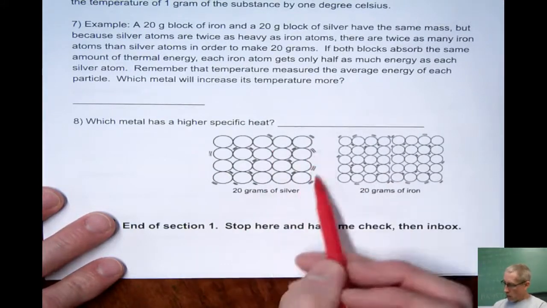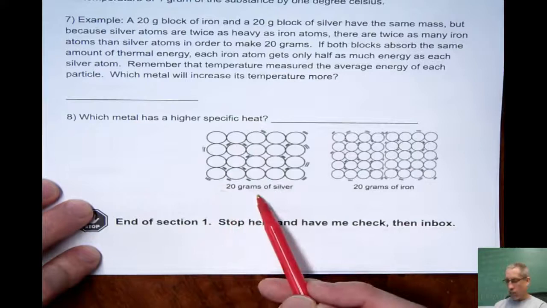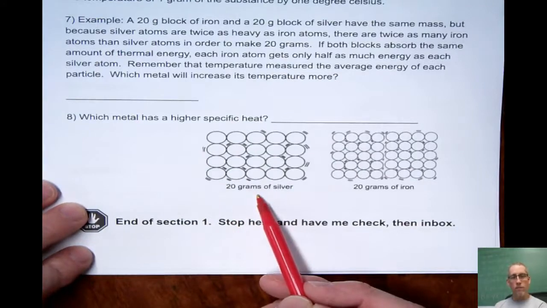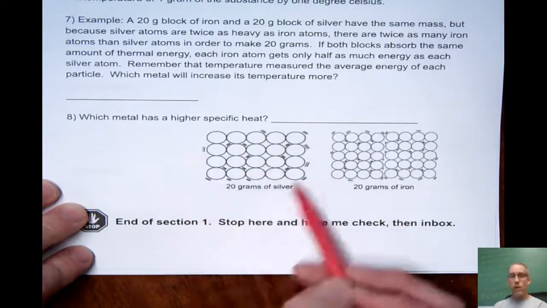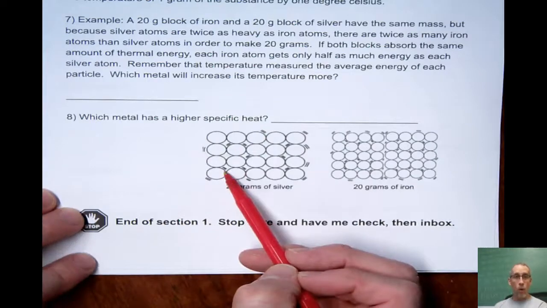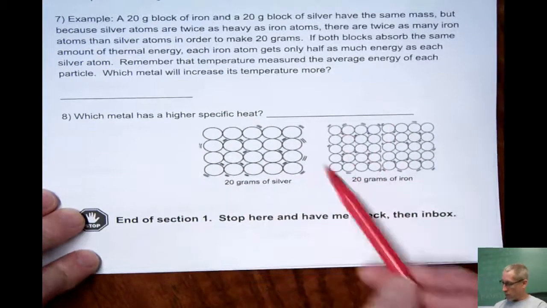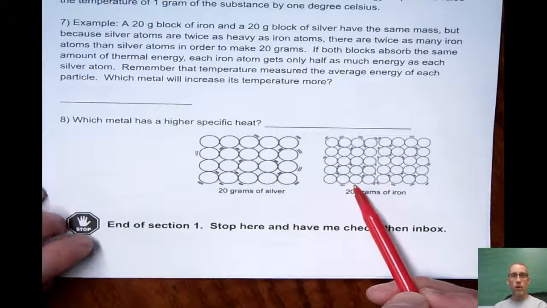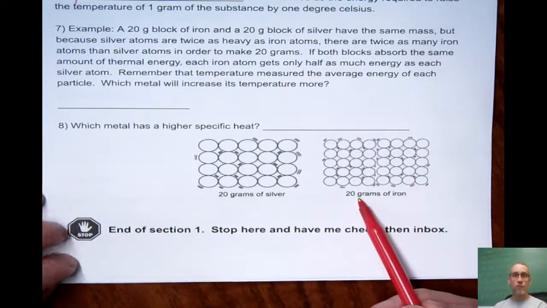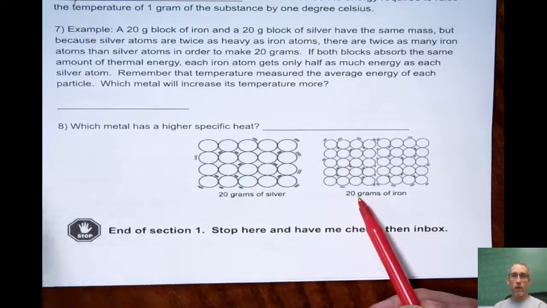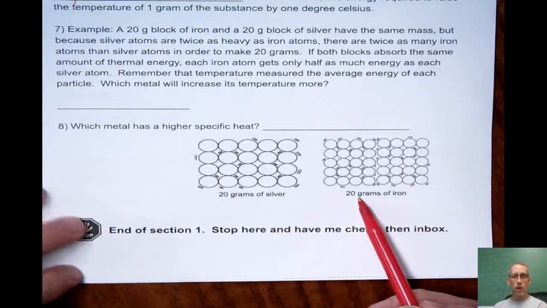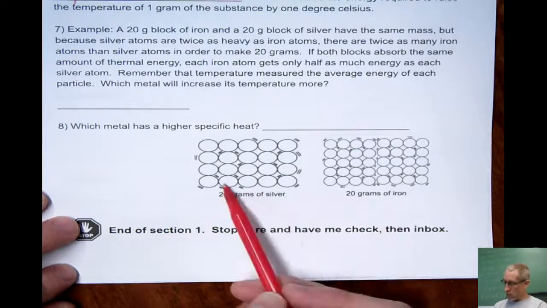Okay? Because there's fewer of these silver atoms. All right? That means they each get about twice as much energy as one of these iron atoms is going to get, because the iron atoms have to share that energy with twice as many particles. Okay? So which metal is going to raise its temperature more? Well, it's going to be the silver.